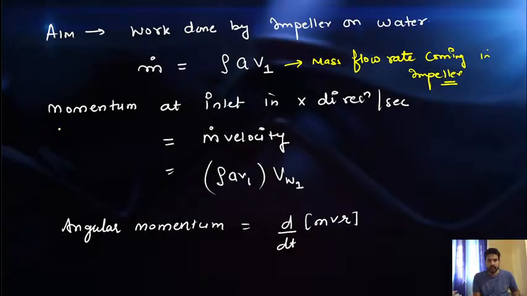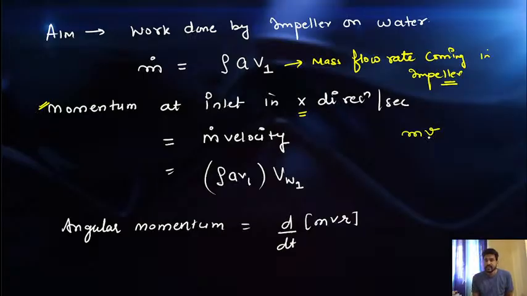Okay, now we want to calculate the momentum transfer, or you can say the rate of momentum actually. So rate of momentum means the mass flow rate multiplied by the velocity. We write this momentum rate in the x direction. So what is the momentum here? Mass into velocity.